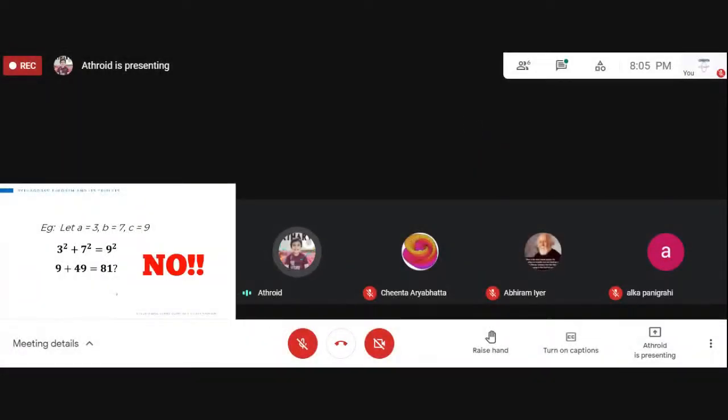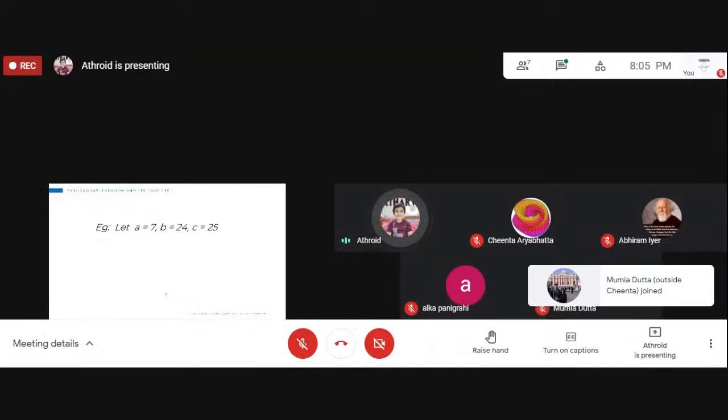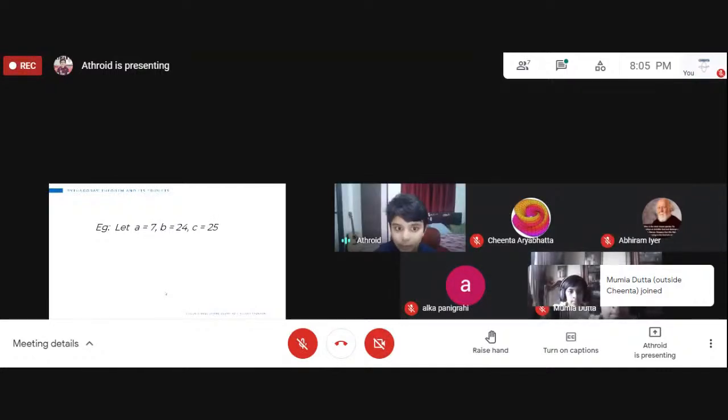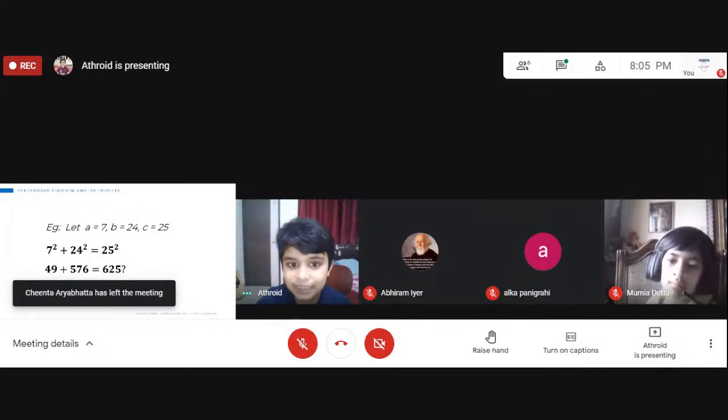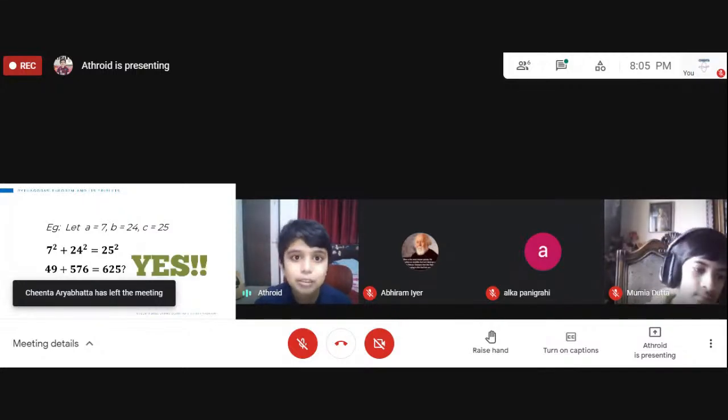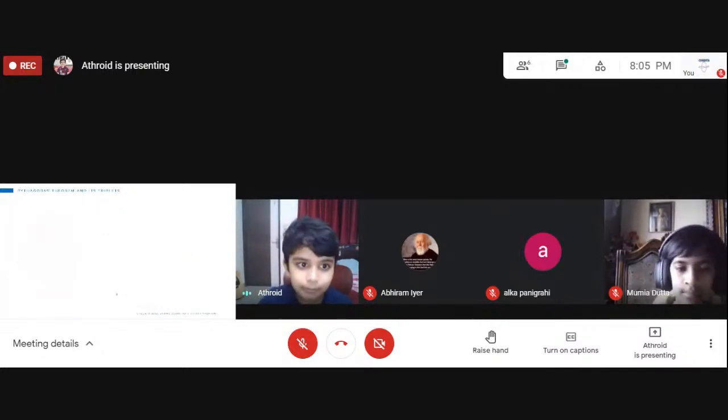As you can see, the Pythagorean theorem does not work here. Another one. Let A equal to 7, B equal to 24, and C equal to 25. Due to the Pythagorean theorem, we get 7 square plus 24 square is equal to 25 square, which gives you 49 plus 576 is equal to 625. Yes! As you can see, Pythagoras theorem works here.